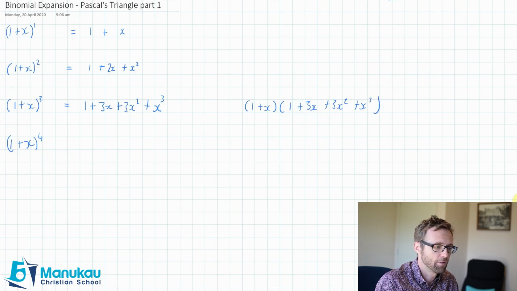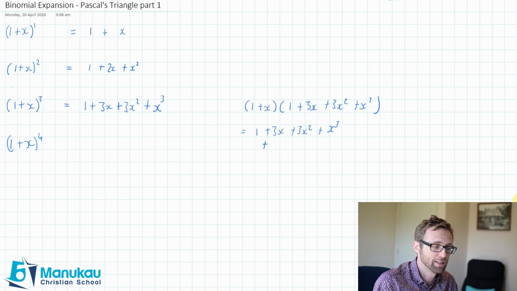So obviously the first line we're going to have 1 plus 3x plus 3x squared plus x cubed. That's when I times all of those terms in the second bracket by 1, and then we times them all by x. So I'll put this on the second line and you'll see why.